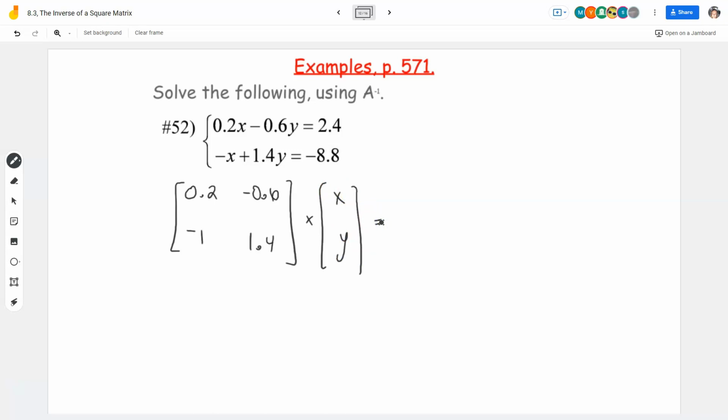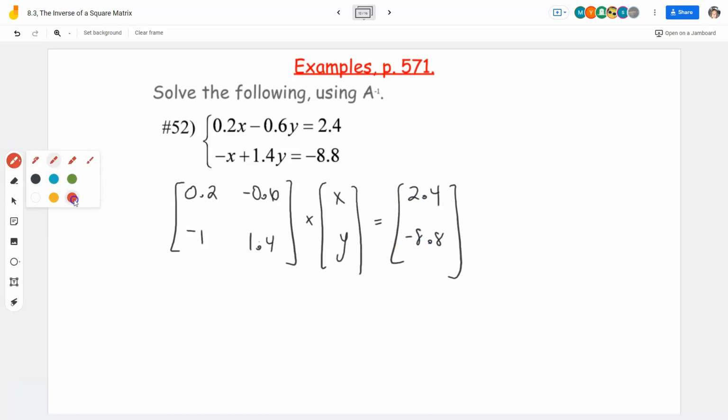I'm taking my coefficients, I'm kind of factoring them away from my variables, setting it equal to 2.4 and negative 8.8.